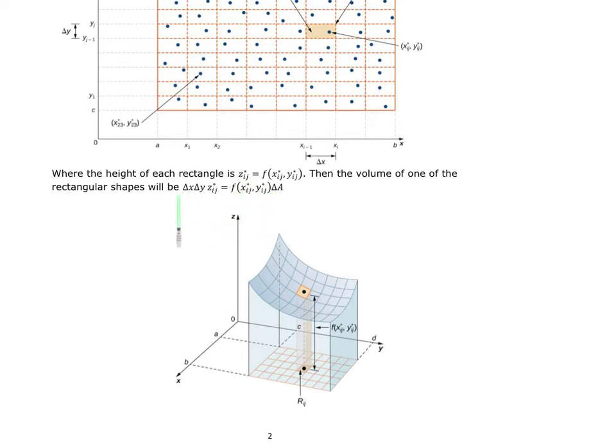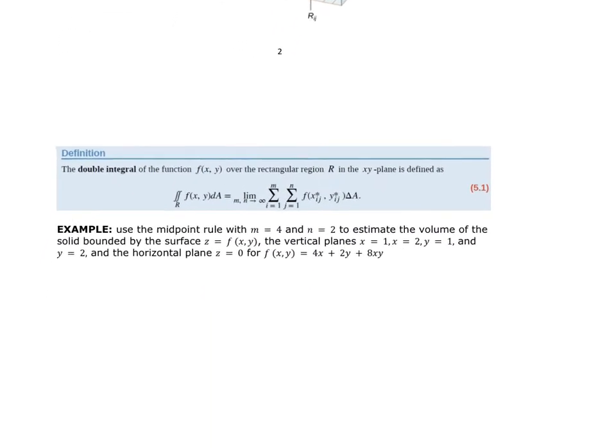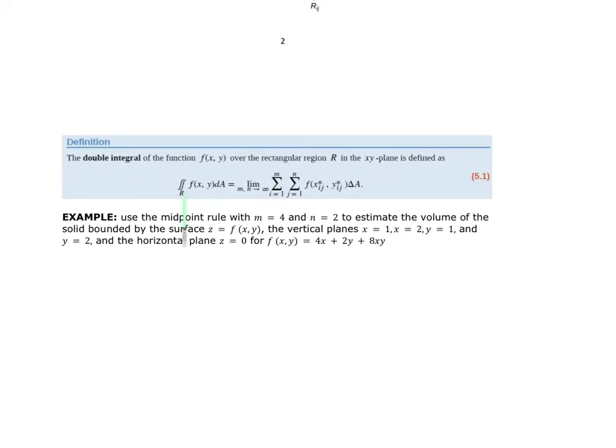It's not necessarily a prism, but it kind of looks like one, where the volume is delta x, delta y, which is equal to delta A, multiplied by the height, found by plugging those values into my function. And so we're going to first define this as my double integral over my rectangular region of f of x, y.